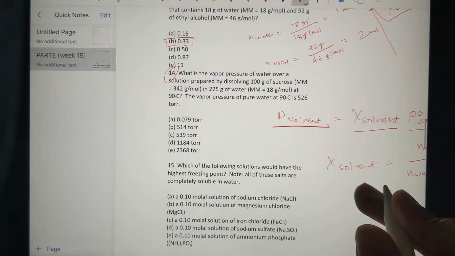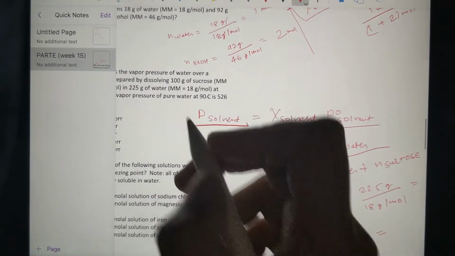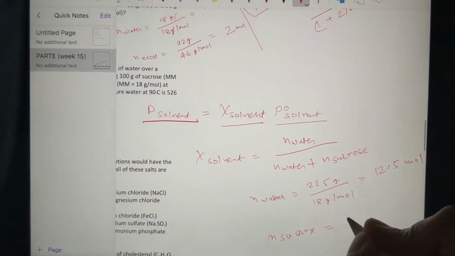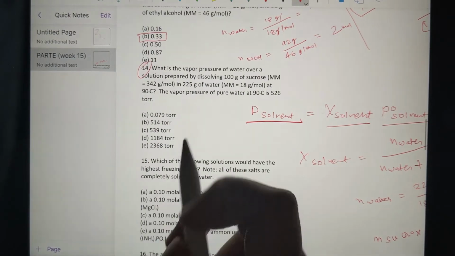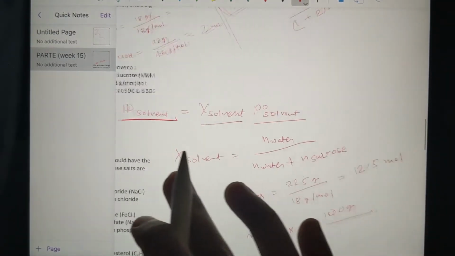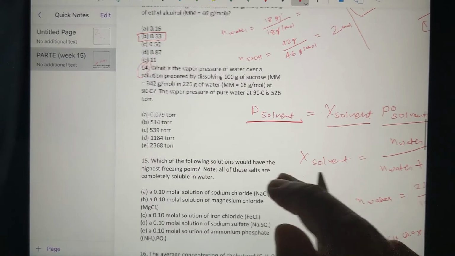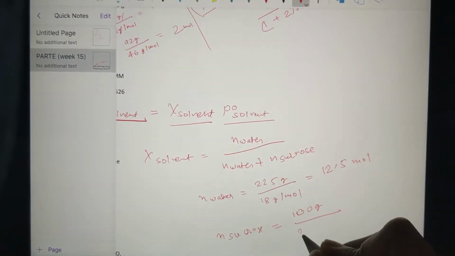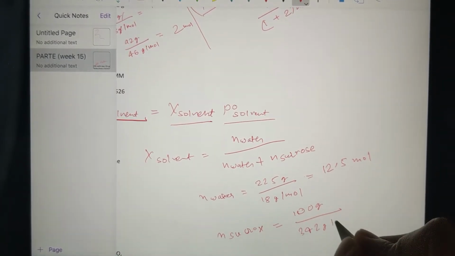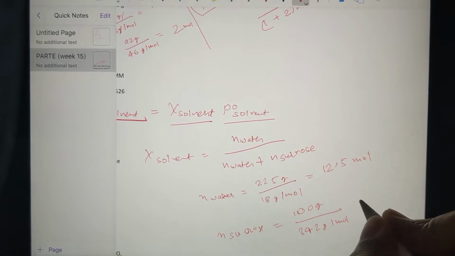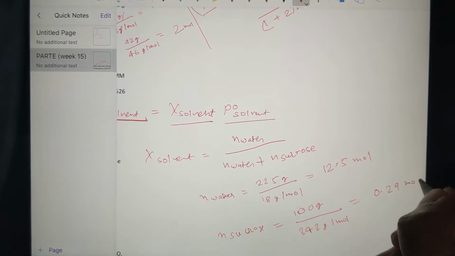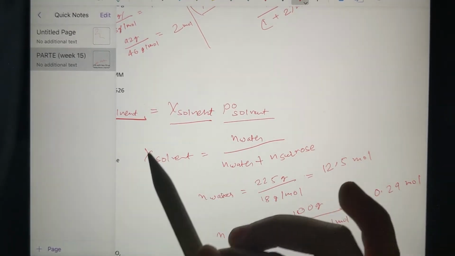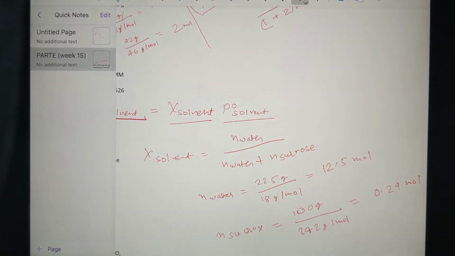And then for sucrose, it's going to be 100 gram. You have 100 gram divided by 342 gram per mole. Which is going to be 0.29 mole. Okay, so now you can calculate the mole fraction of your water.